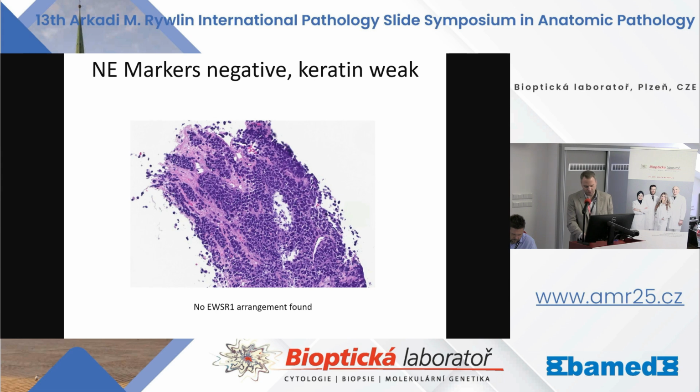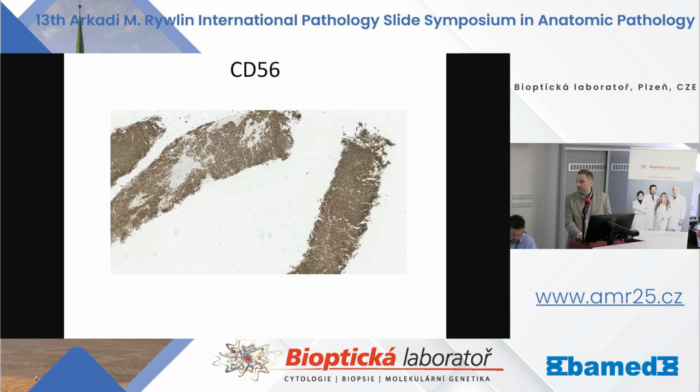I did an EWSR1 FISH, because I've had two cases that looked like this and had a little bit of keratin, and actually a little bit of synaptophysin as well. So that ended up being negative. But CD56 strong diffuse positive, this is the least specific of all the neuroendocrine markers. It's really more of a neuroectodermal marker.